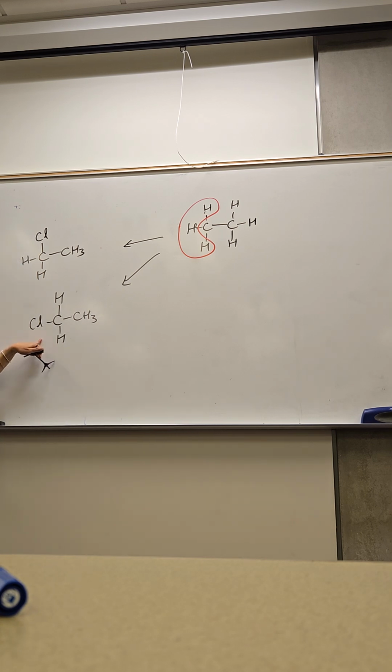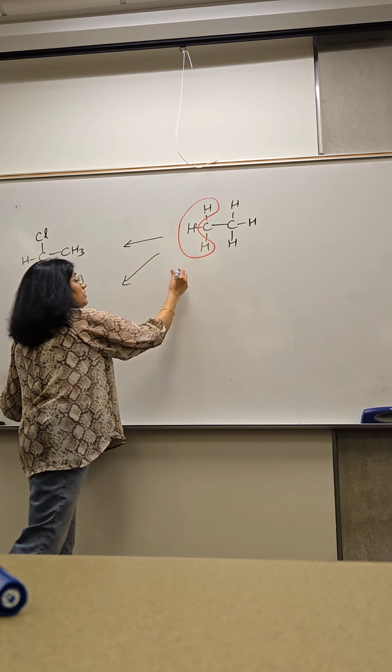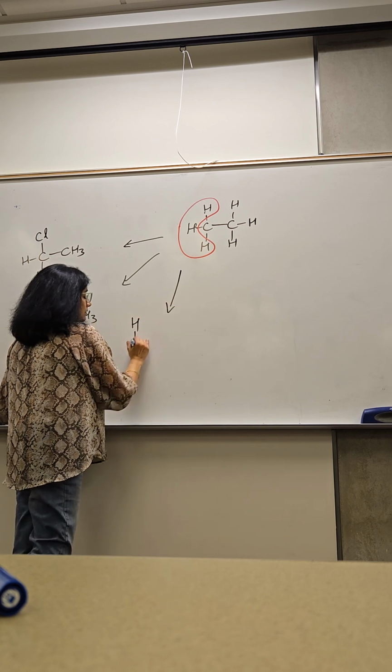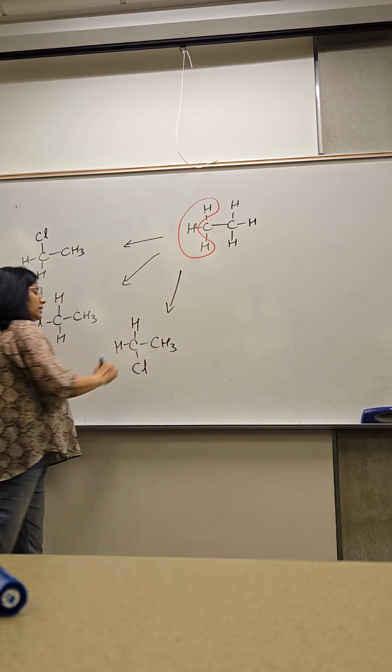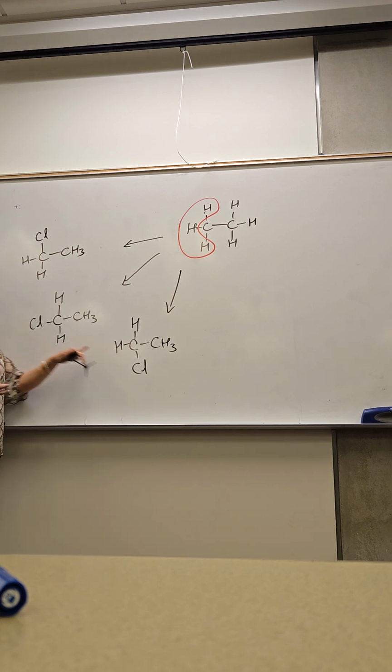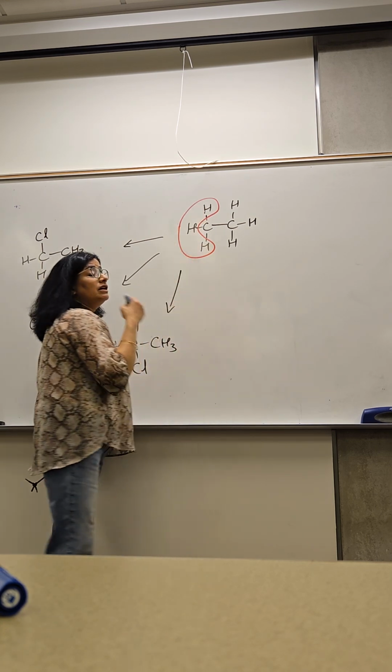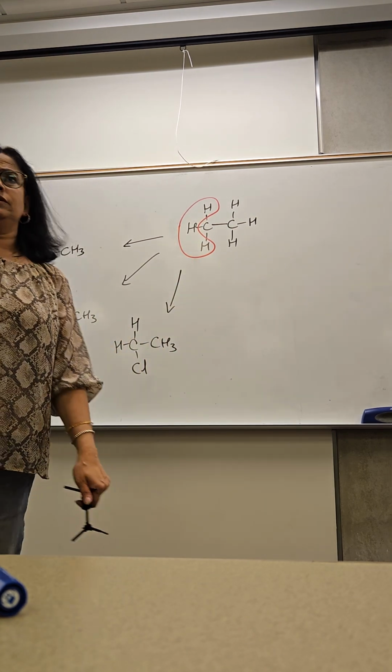What would be the name of this one? Same thing, because they're the same. Chloroethane. What if I replace the other with chlorine? What would you call it? Still chloroethane. So do you agree that these 3 are the same? Yep. That is a quick check that these 3 hydrogens are equivalent. They're identical to each other.